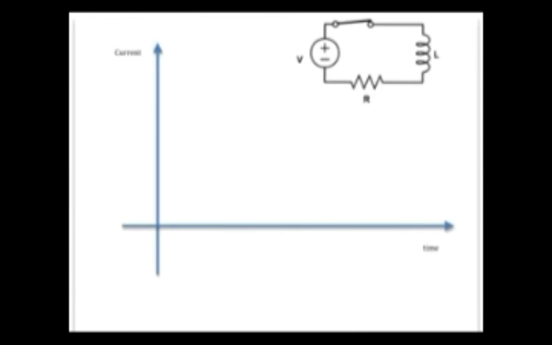Here is the current as a function of time. Here's the circuit with the switch closed, and let's plot a couple of different graphs. For a small inductor, the current is allowed to change more quickly, and therefore we might get a graph like this. So this is L small.